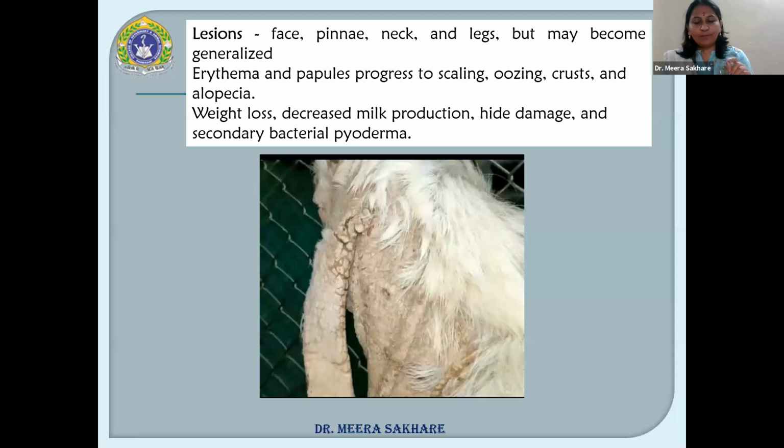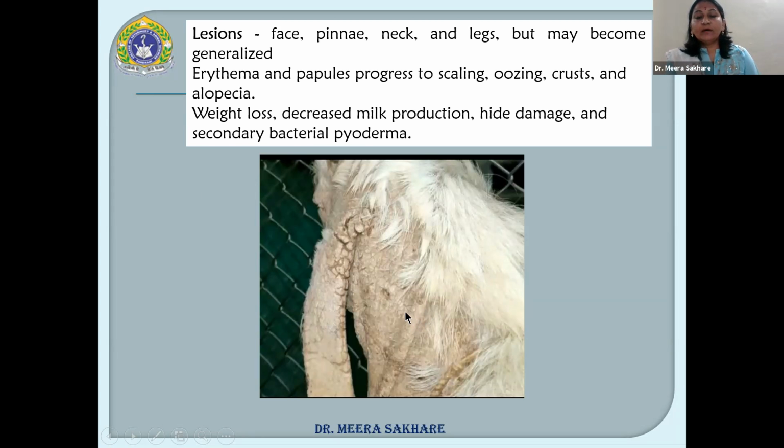In that case, the chances of secondary bacterial infection are higher. In sarcoptic mange, we find scaly lesions and wrinkling of the skin. Due to the constant itching, there is oozing of serum or fluid from the body of the animal. So there is a thick crust. Whatever papules and pustules are there convert into crust form, so crusty lesions. In this photograph, you can see that due to secondary bacterial infection, there is scar formation and crusty lesions, called hyperkeratosis.